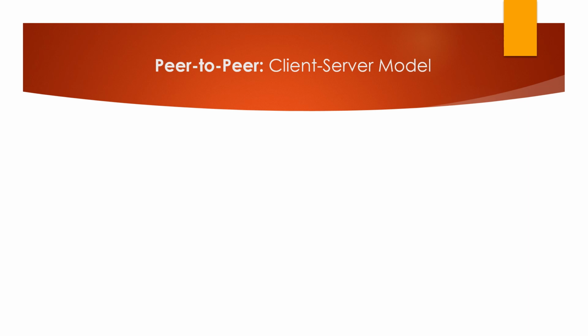In the client-server model, the device requesting the information is called a client, and the device responding to the request is called a server. The client is a hardware-software combination that people use to directly access the resources that are stored on the server.